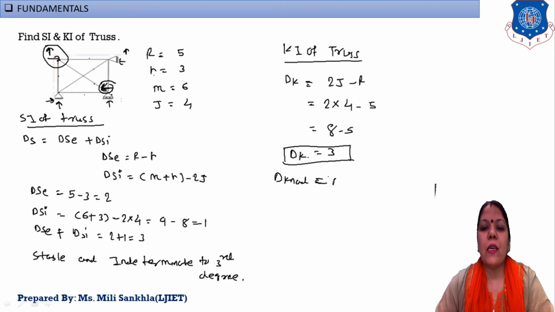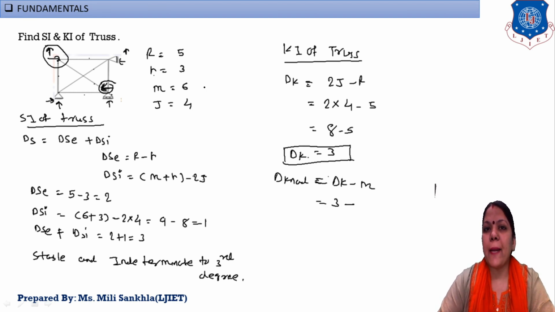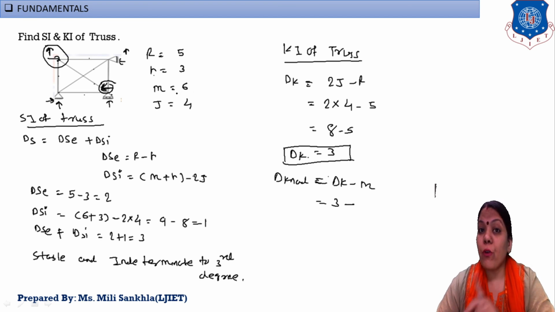DK NAD is equal to DK minus m. DK is equal to 3. Now what is m? For a truss, m is equal to the number of axial deformations. In a beam, m is equal to the number of axial displacements, and in a truss, m is equal to the number of displacements of joints. Here the displacement of joints: this first joint has 2, and here displacement 1.